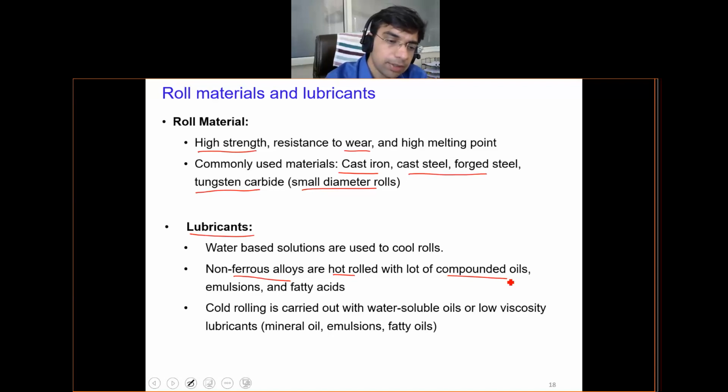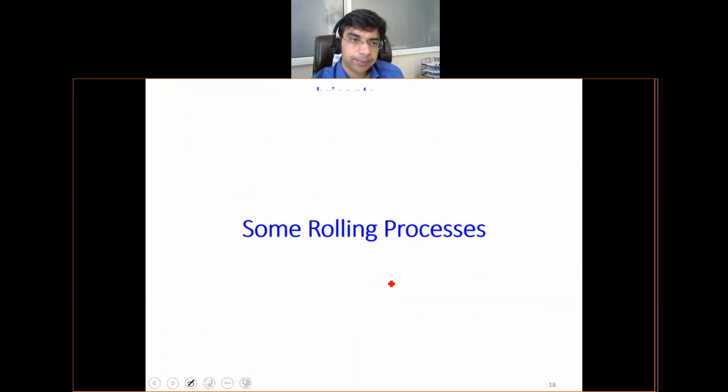If the rolling process is done in the cold working regime, that is cold rolling, water soluble oils are preferred, because if you use a water soluble oil in a high temperature or hot rolling environment, the water will evaporate and the lubricant will not spread out very evenly. So this is about the roll material and the lubricant in the rolling process.